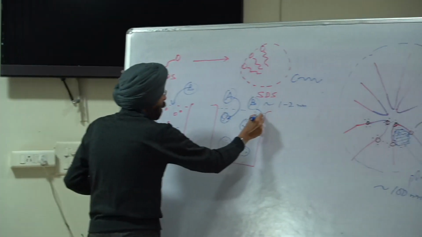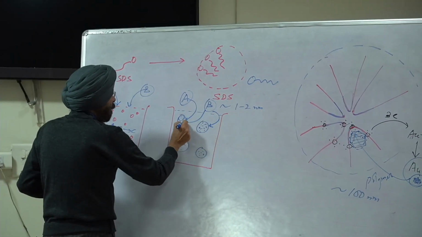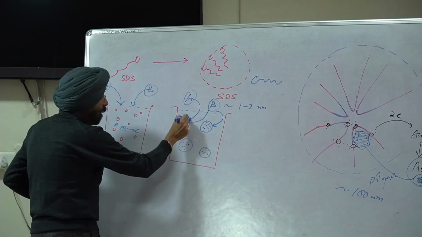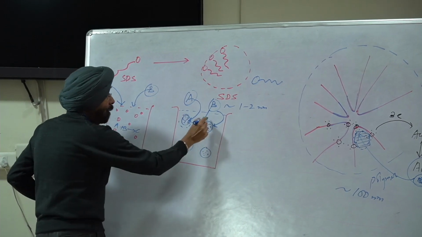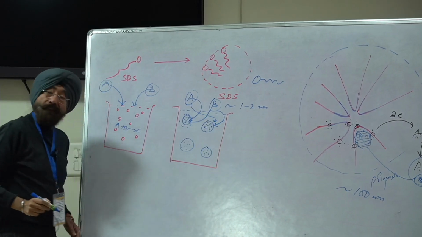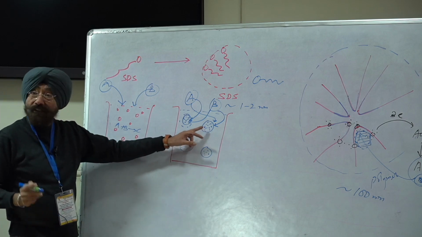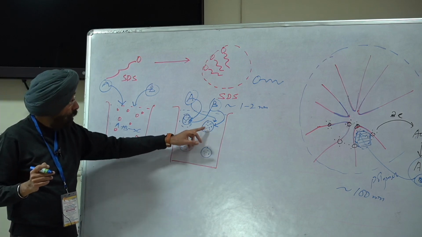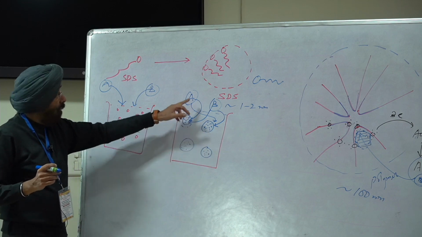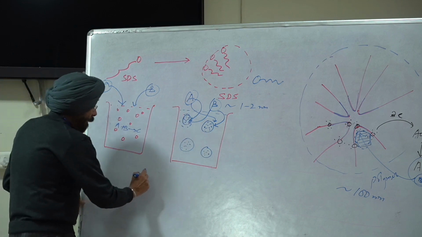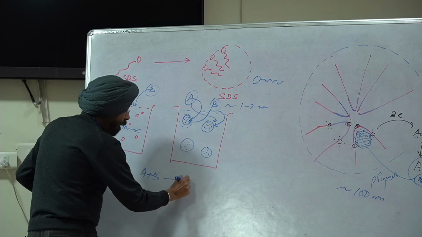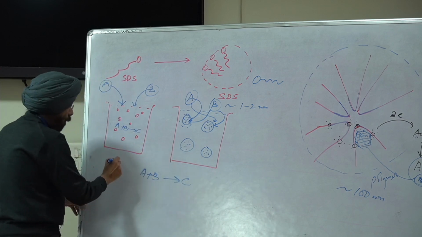So these reactants will be accommodated in higher concentration in the micelle. And when they are in the micelle in higher concentration, the gold nanoparticles are already there. The reaction A plus B giving rise to C is much more facilitated.